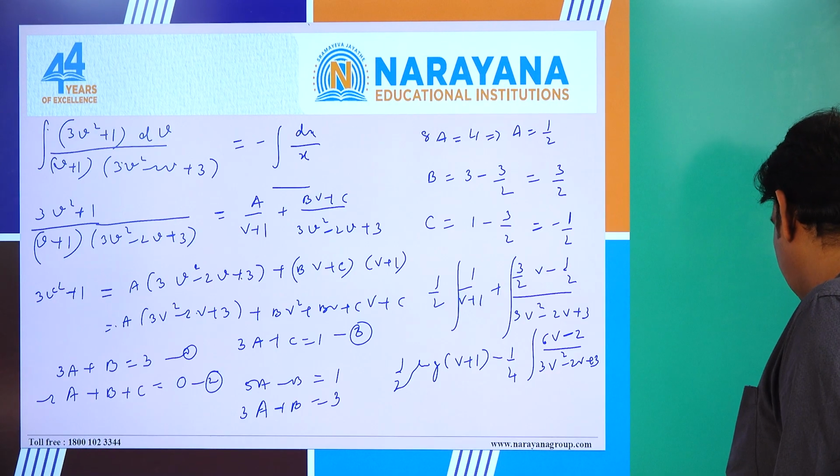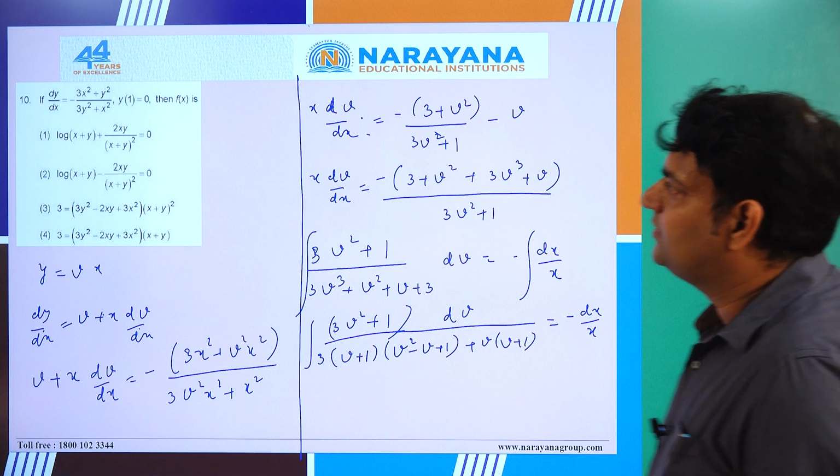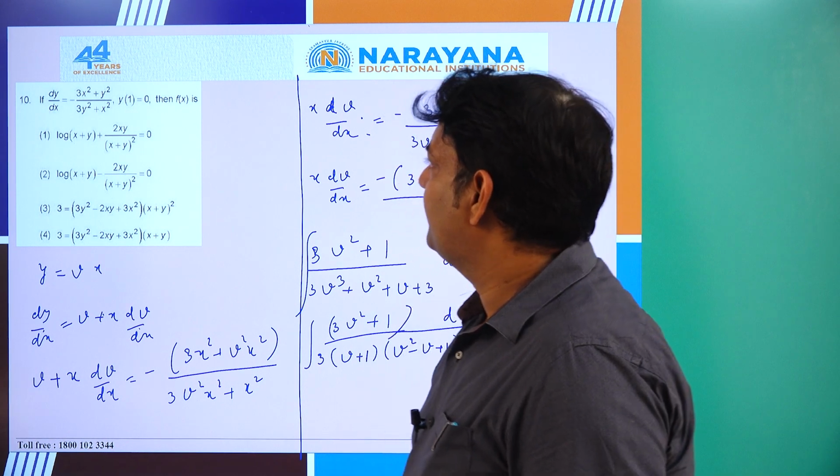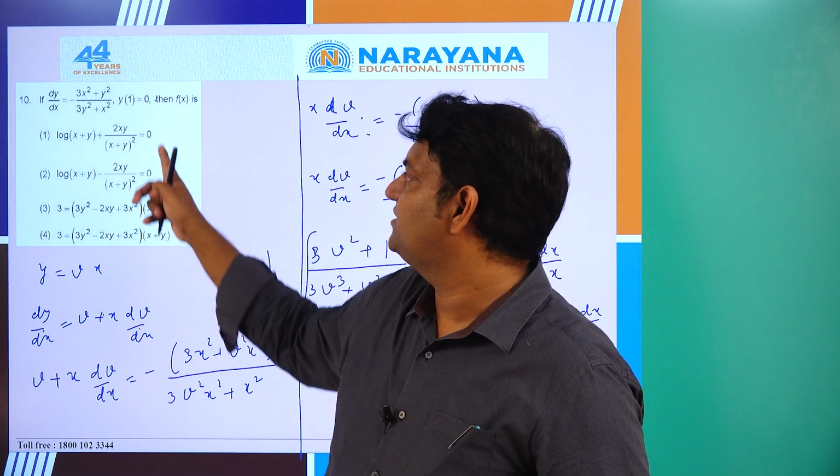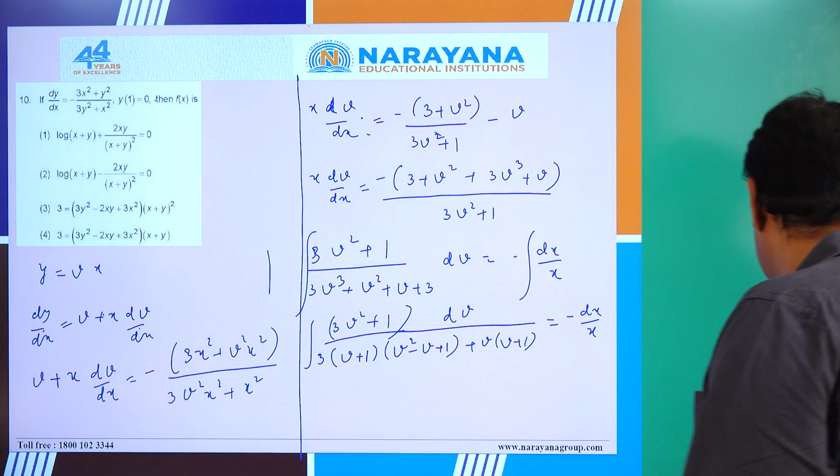Now let us go to the problem they asked. y of 1 is 0. So put x is 1 and y is 0, you will get the value of c and hence the function directly. Check it once.